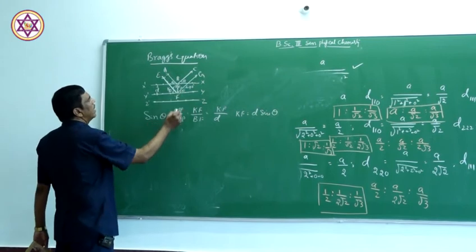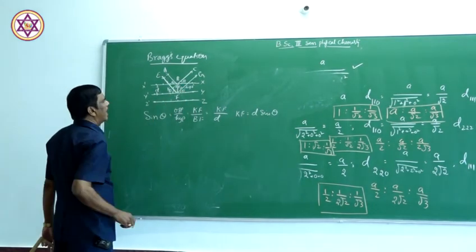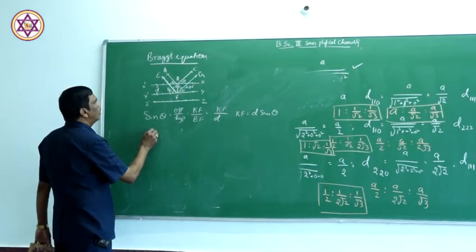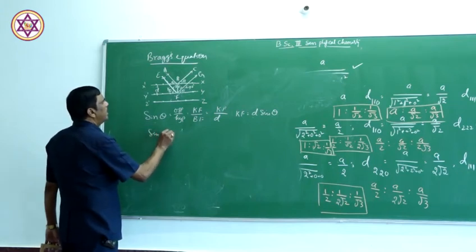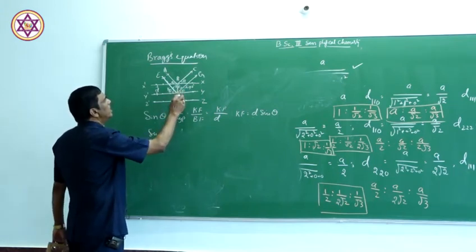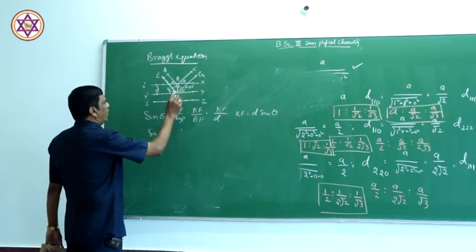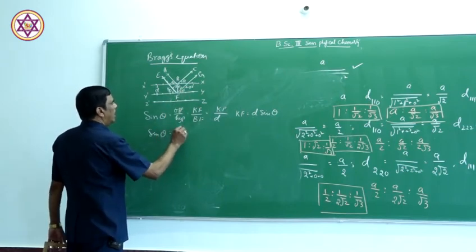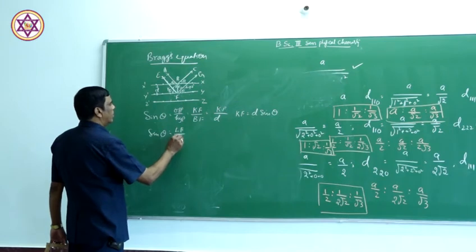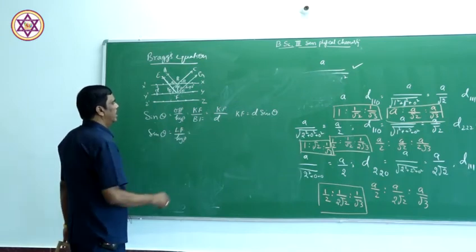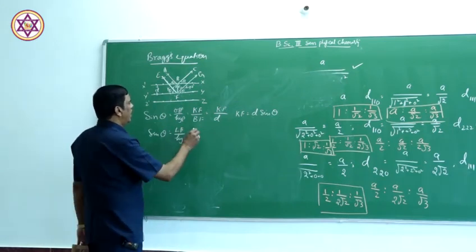Similarly, you apply the sine rule to this triangle. So, here also sin theta is equal to, this is theta, opposite side is LF divided by hypotenuse, which is also D here.